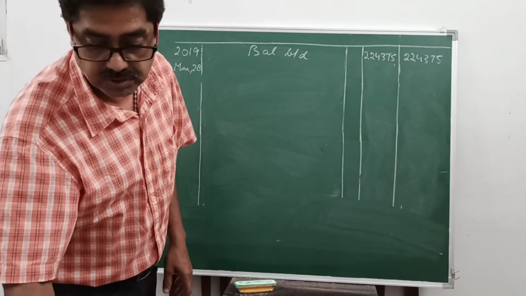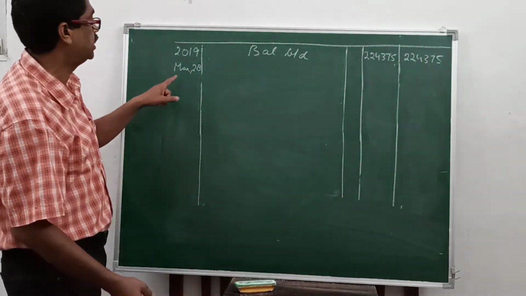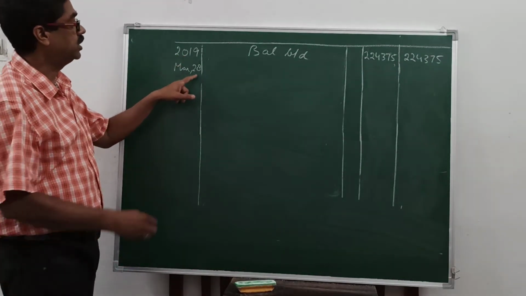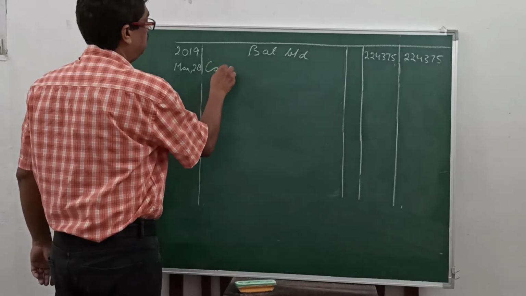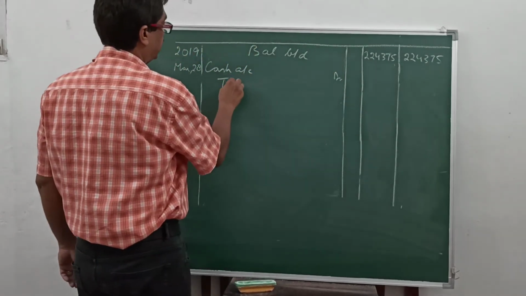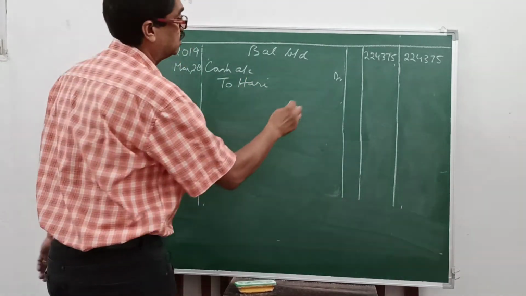Now my next entry in my book is received cash from Hari, date 28. So you write the year again, 2019, March 28, received cash, real account, cash is coming in, debit what comes in, credit the giver, personal account, to Hari, amount being 12,000.